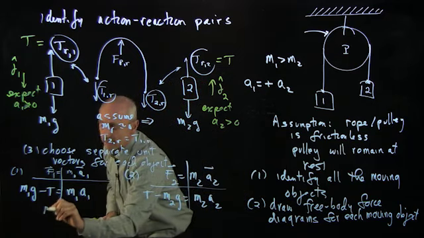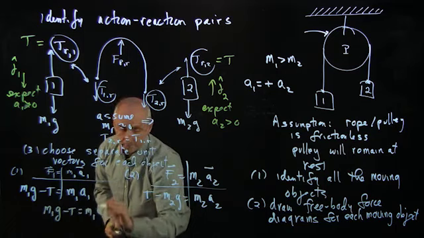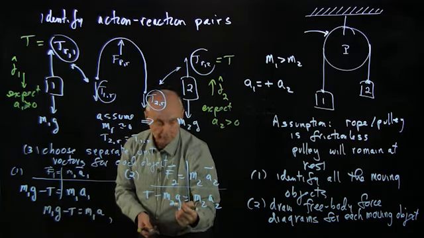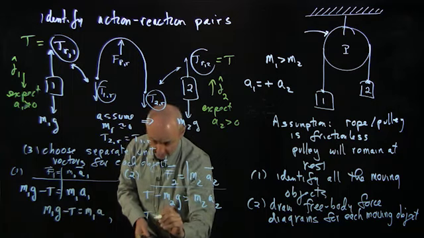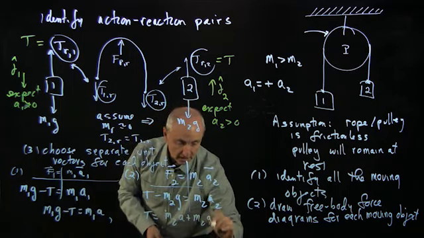And now I can solve my equations for T and a. And let's quickly do that. m1g minus T equals m1a. And over here, let's solve for the tension. T is equal to m2a plus m2g.